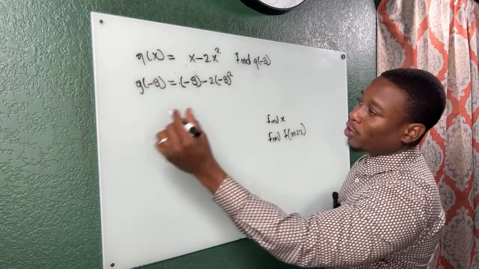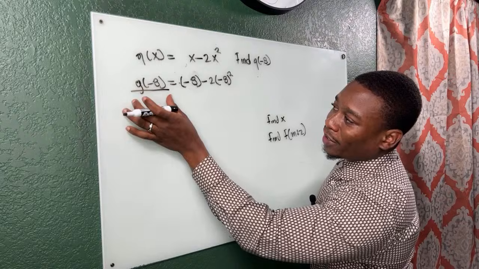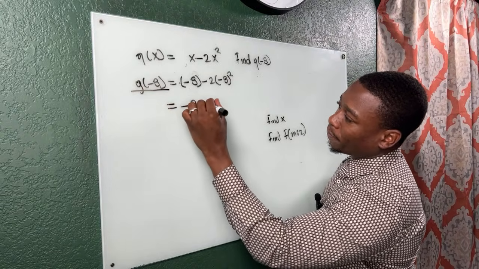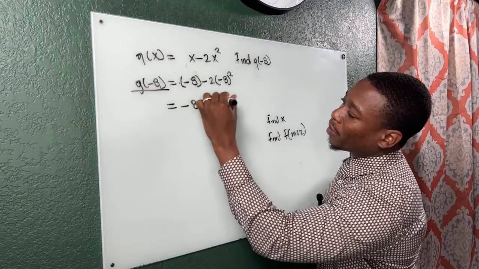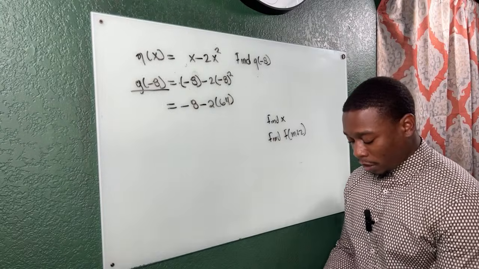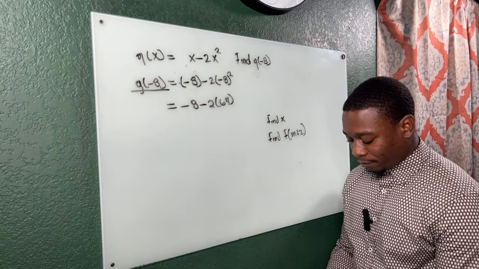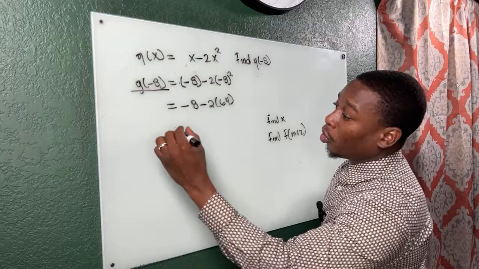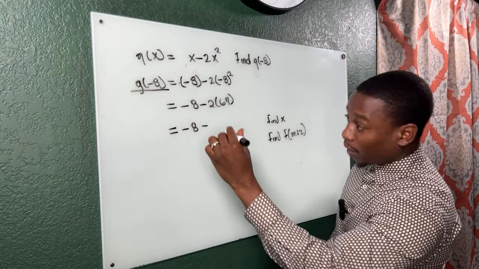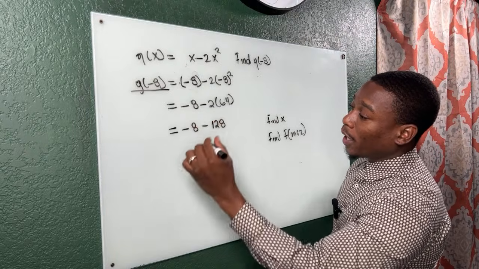So now we substitute in. This is just saying, hey, when x is -8. So I'm just going to leave that for now. So we have -8 minus 2 times positive 64. That's what we get after we square -8, right? So 64 times 2, we get g of -8 is equal to -8 minus 128.